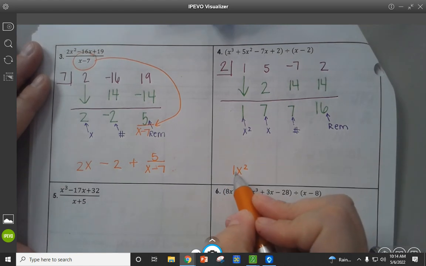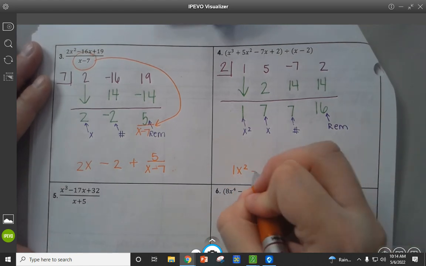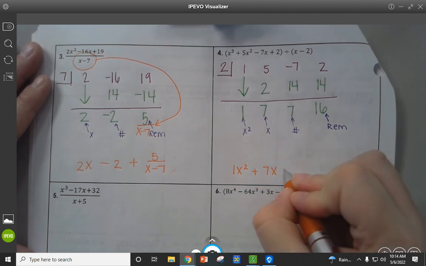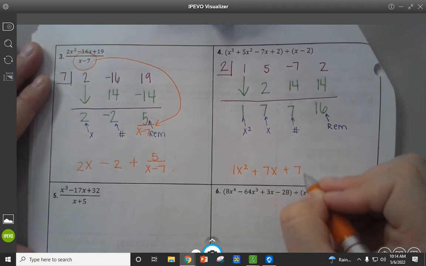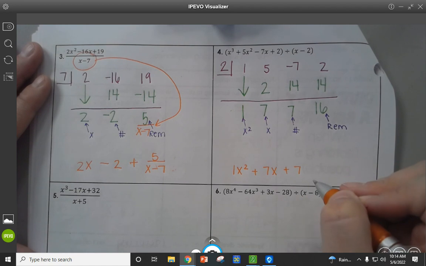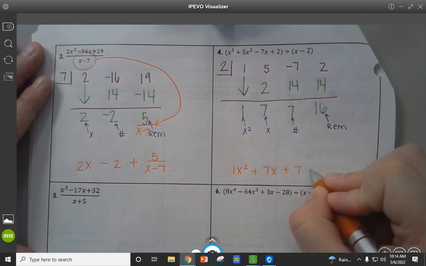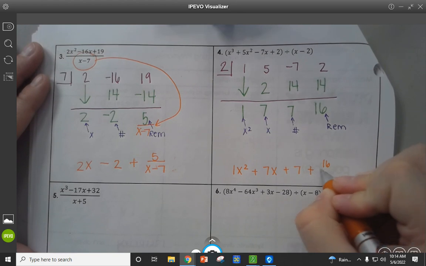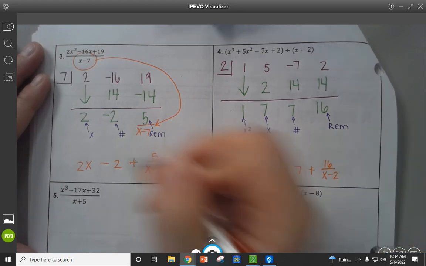You don't necessarily have to put the 1. Plus 7x plus 7. And then plus what? 16 over x minus 2. Very good.